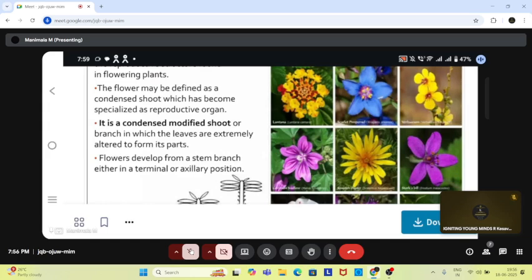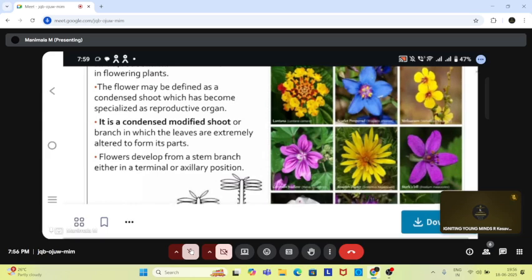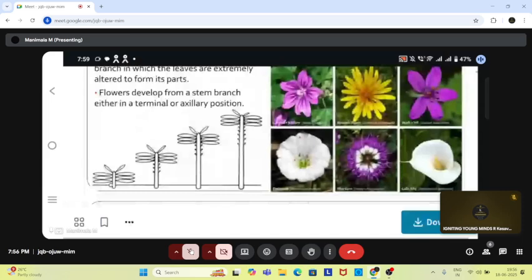Where are flowers produced in a plant? They are produced on the branches, which are on the stem. Flowers are produced in two ways. One is terminal, at the tip of the plant, which we call the shoot tip.